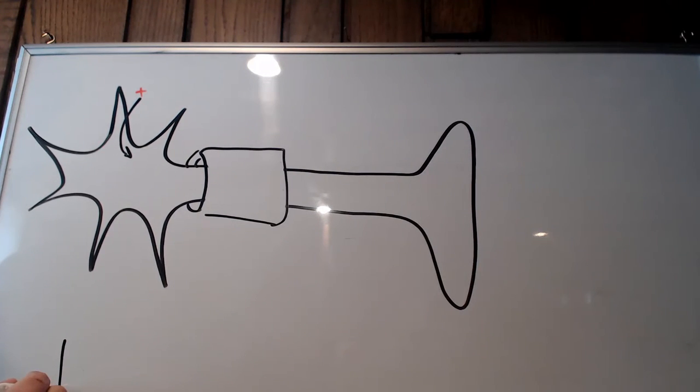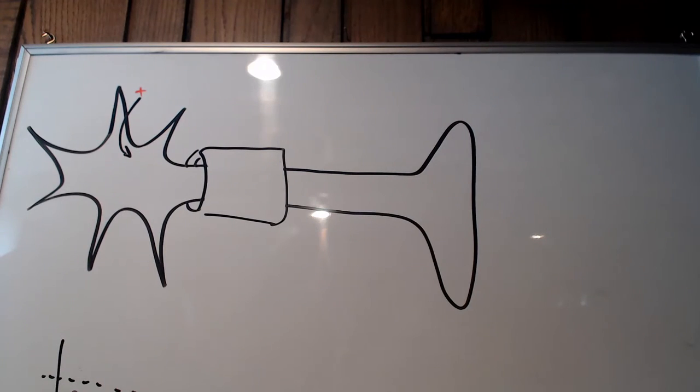What we're looking for is to hit this magical threshold. So if we have our resting membrane potential and then we have an EPSP, that's going to be a positive. An IPSP is going to be a negative. So we have our positive, we have our negative.